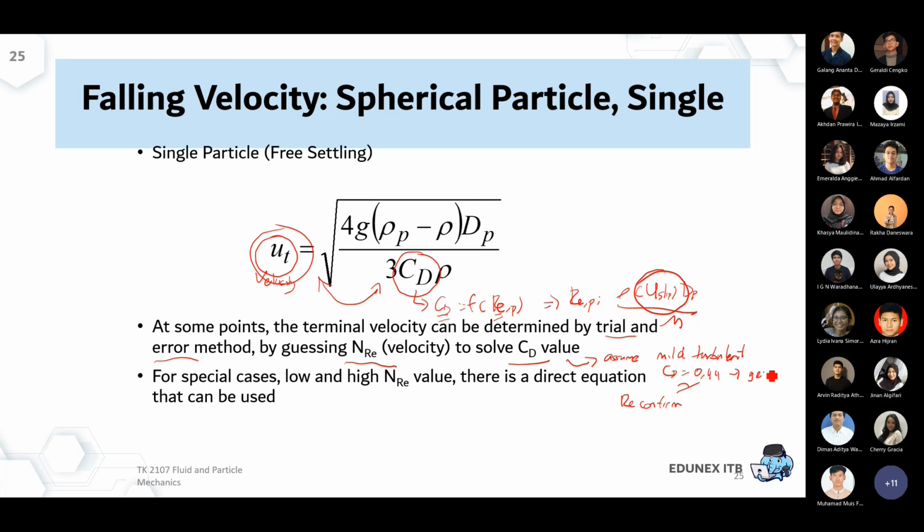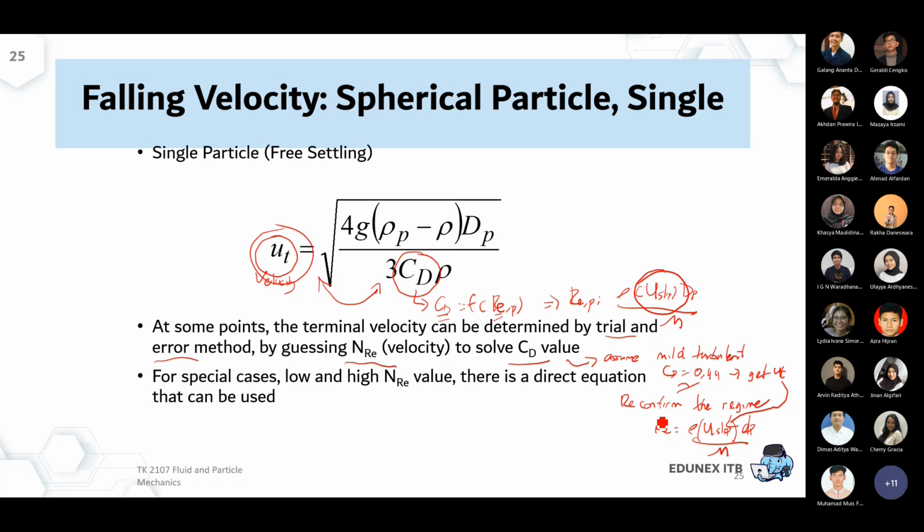You can get the UT. Then reconfirm the regime. Reynolds is rho u slip dP per mu. Then you take what you found as the UT and put it in as the u slip.